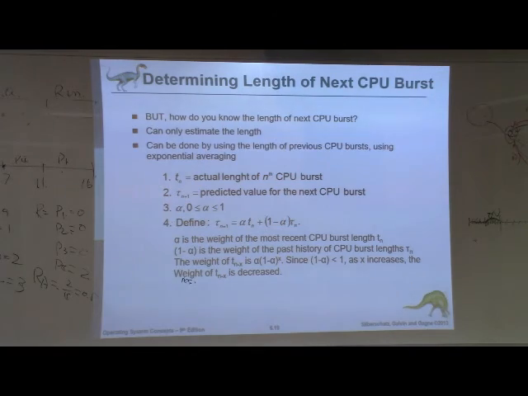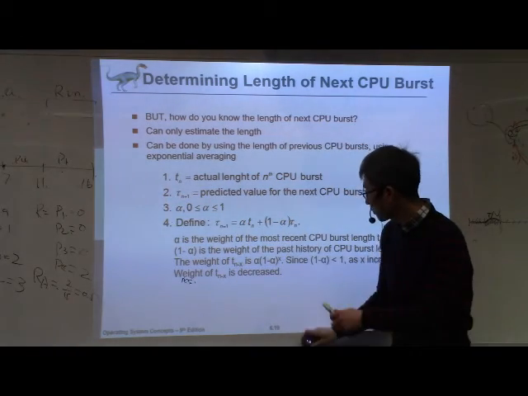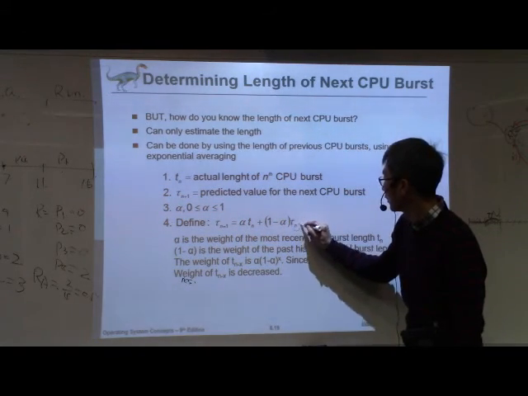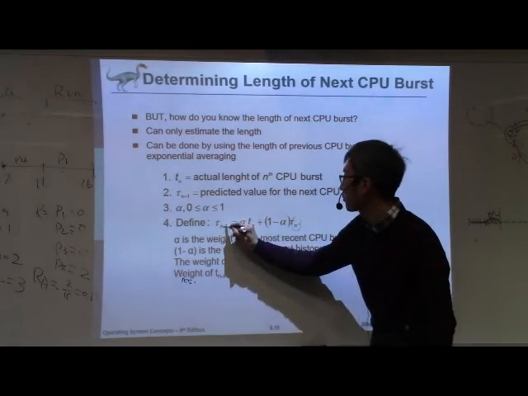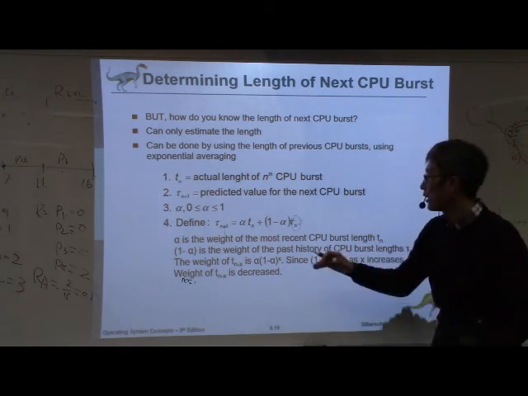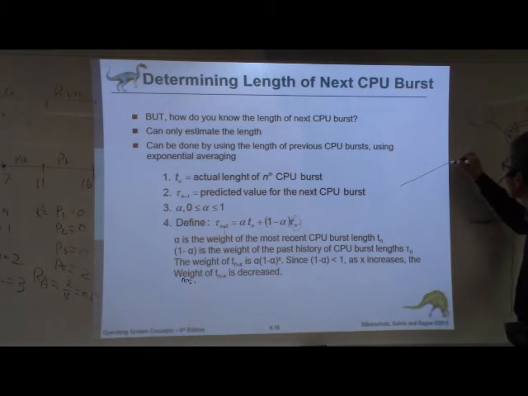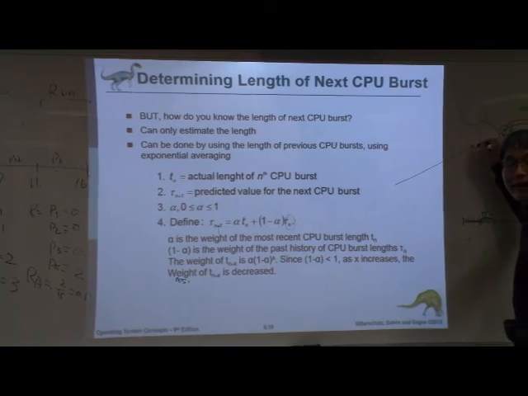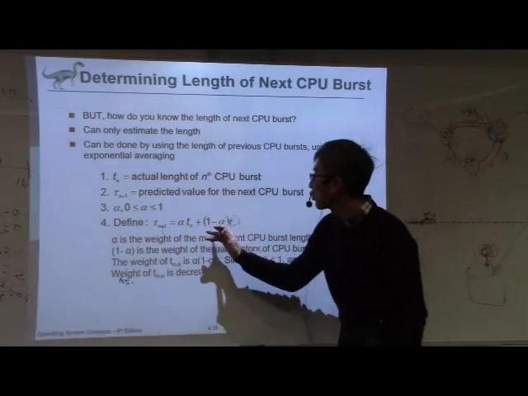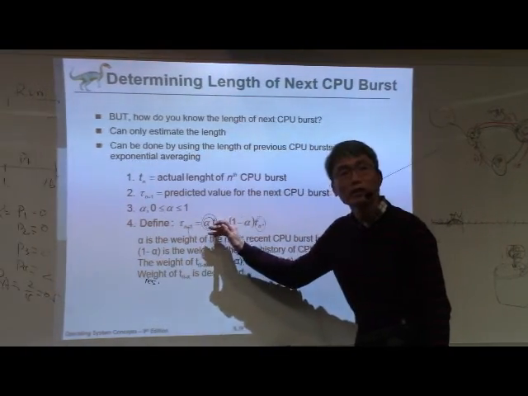So for example, this is the current. This is the previous. This is n plus 1. This is the previous CPU burst time. If it needs more CPU time gradually, this one will be increased.